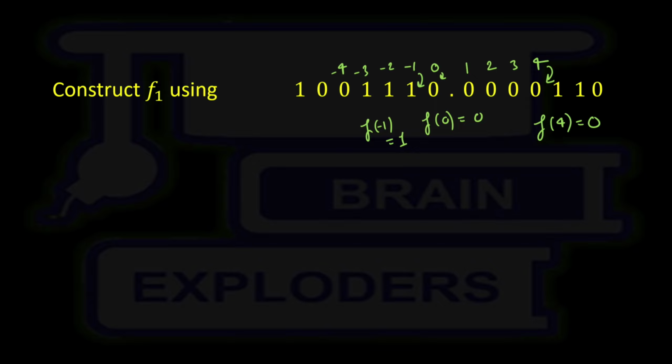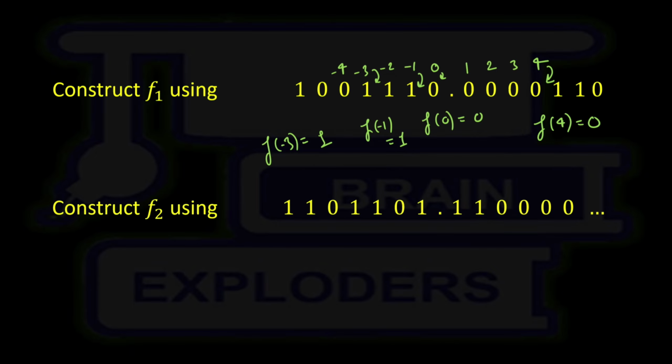In this way, if someone asks the value of f of -3, under -3 we have 1, so f of -3 equals 1. In this way we can tell all the values of the function, right? Nice. So this binary representation is giving us a function from natural numbers to 0, 1.